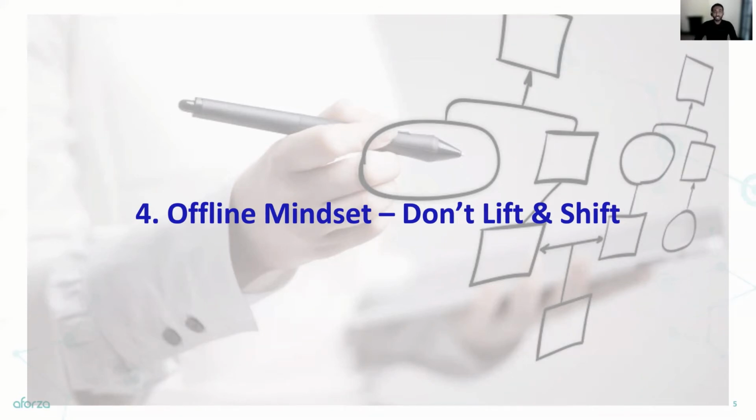Now, this is usually quite a mind shift for companies that are coming from fully online applications, where you might have to call out to different systems during your visits or call out to different systems doing orders. And if you carry that over to Aforza or any other fully offline application, you'll find that some of your processes need to really be rethought.